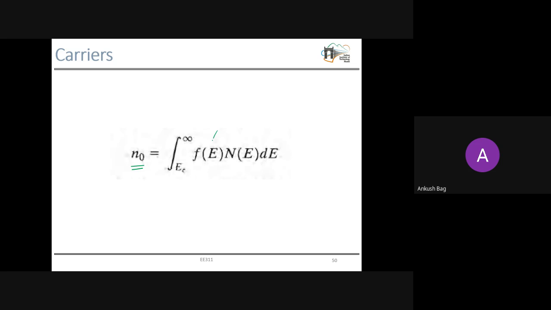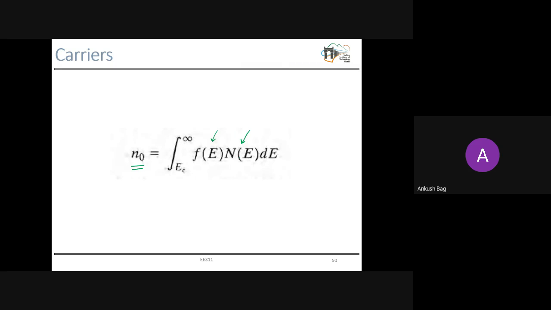One is the Fermi-Dirac function, f(E), the probability of finding a particle, the electron or the carrier, at energy E, and the other is the density of states: how many states are available per unit energy for your carriers to occupy.